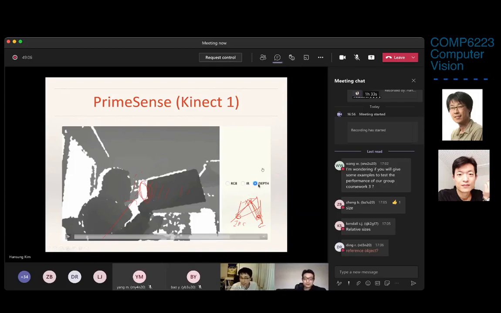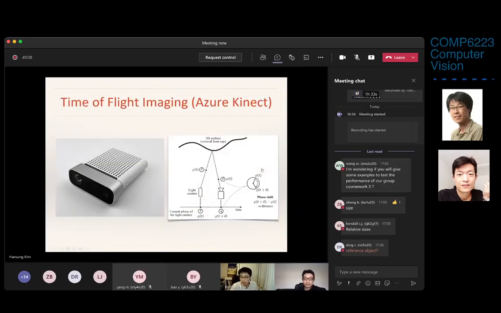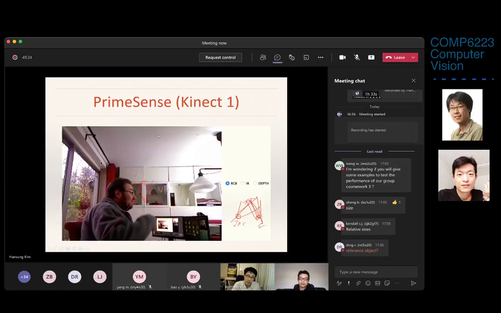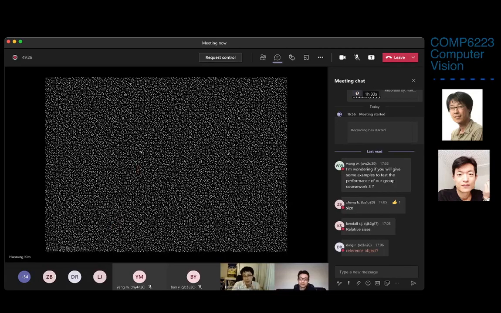Okay. Anyway, that Kinect sensor is an old version, more than 10 years old. Now, the new version of Kinect uses time of flight rather than an IR pattern, because the IR pattern has some problems. The first one is resolution.